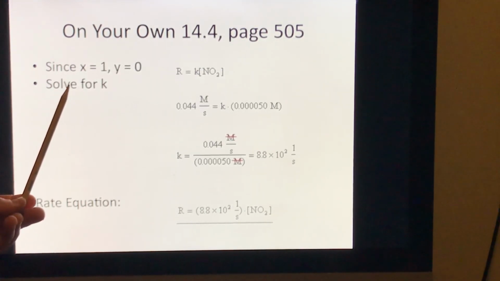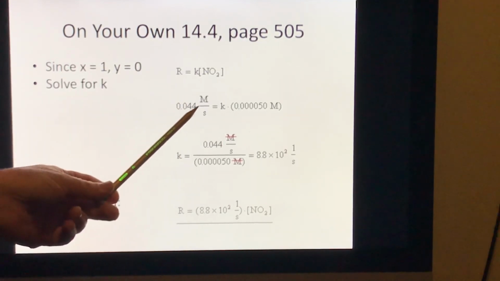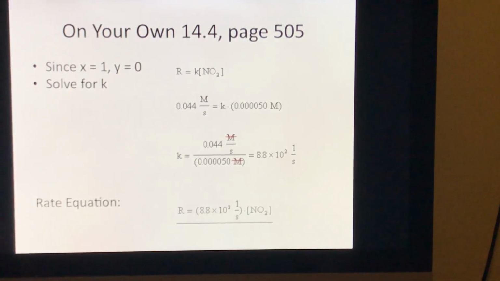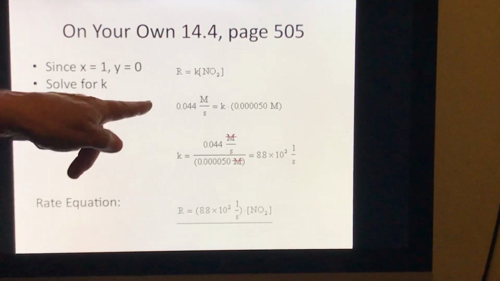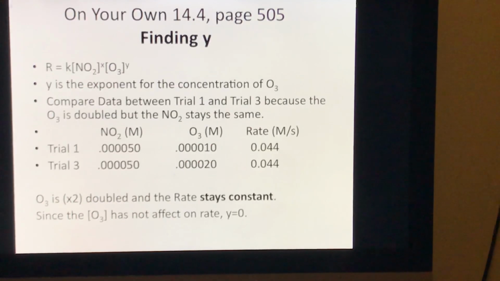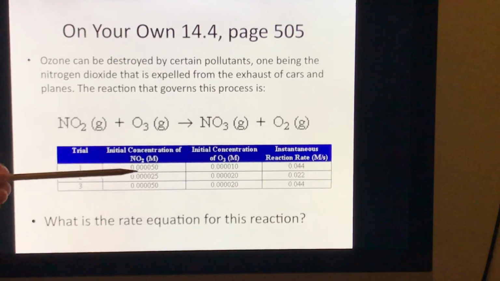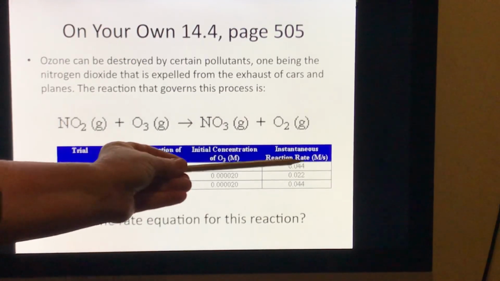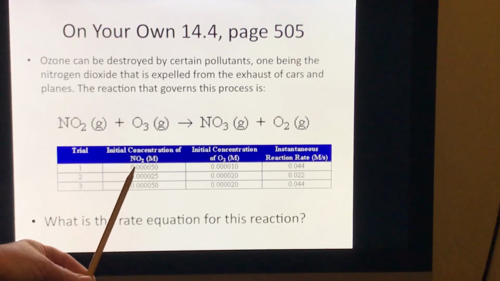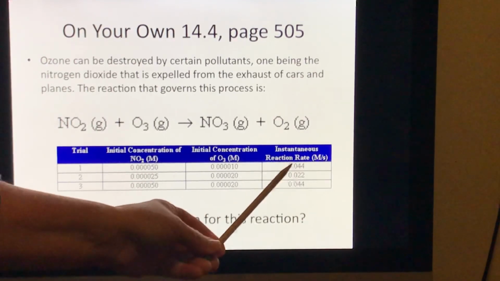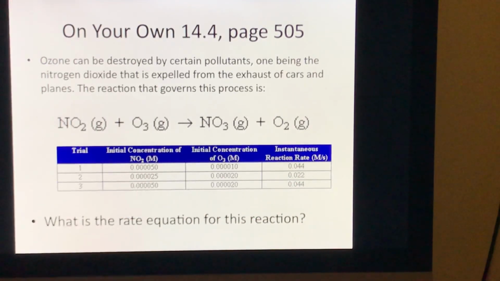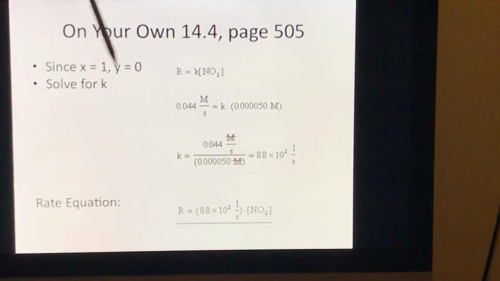Now we have to solve for K by plugging in data from the initial chart that we were working in. So again, we have this trial 1. You can see this is the concentration of the NO2, and this is the instantaneous reaction rate. So we plugged those numbers in here.